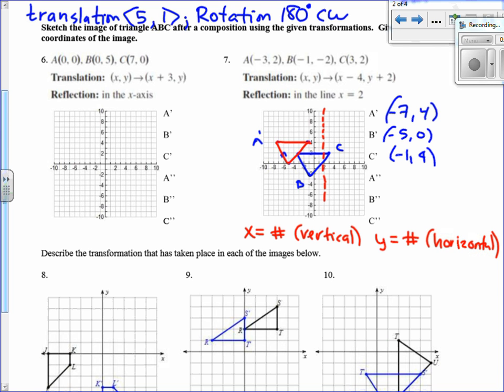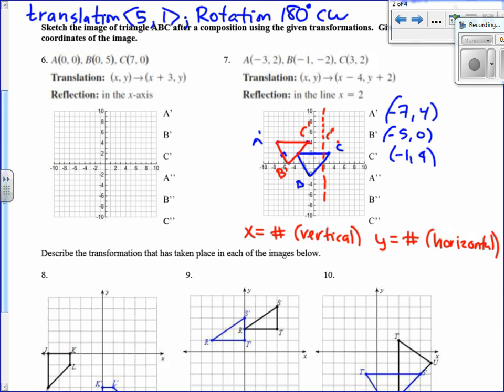So you see what I'm doing? This is 3 points, this is 3 points. So what you're doing is you're doing this, and then you're doing this to the one after this. So this is C double prime.